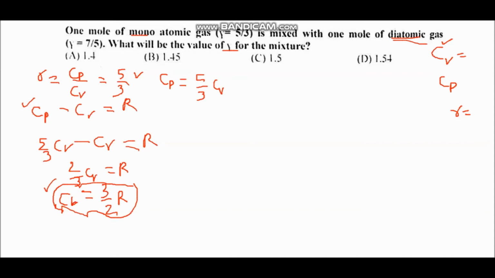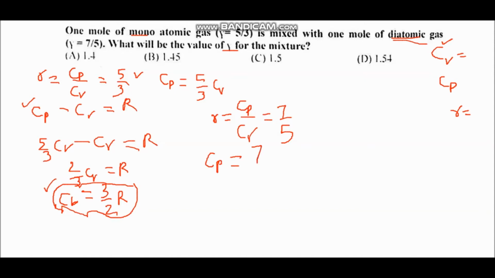So we have this Cv for monatomic gas. Now we know that Cp over Cv, or gamma, for the diatomic gas is equal to 7/5. Again using the same approach we will get Cv.